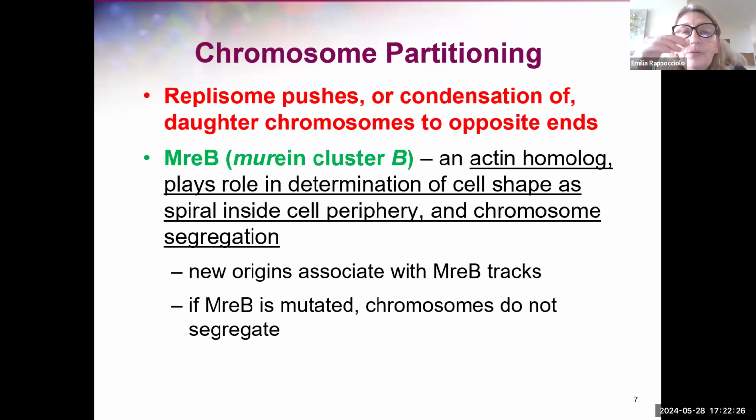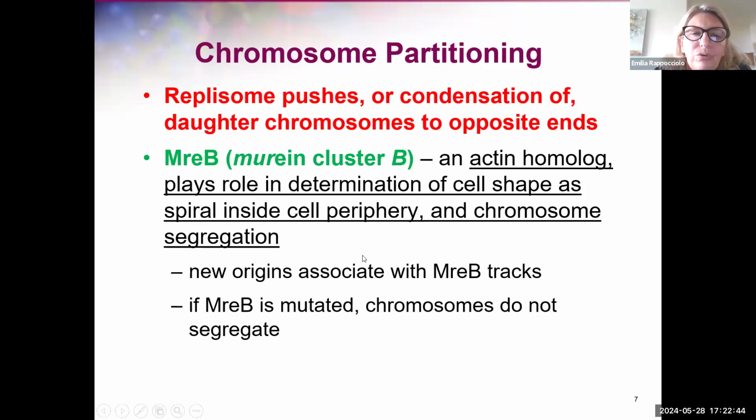And it is important both for cell shape and chromosome segregation, so helping push the chromosome to separate areas of the cytoplasm.